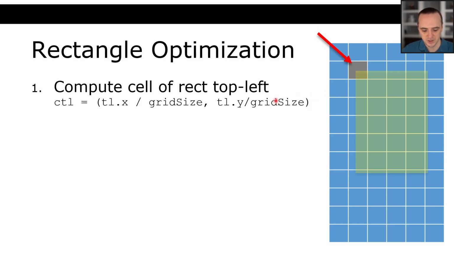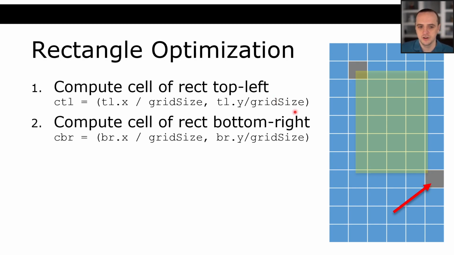Then we're going to compute the bottom right corner, okay? So which cell does the bottom right corner of the rectangle overlap with? Well, it's the same thing, except we're using the bottom right coordinate of the rectangle instead of the top left coordinate. So the cell of the bottom right is the bottom right x-coordinate of the rectangle divided by grid size, and the bottom right y-coordinate of the rectangle divided by the grid size.